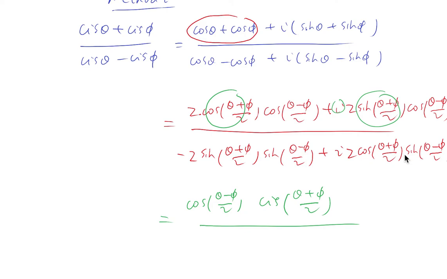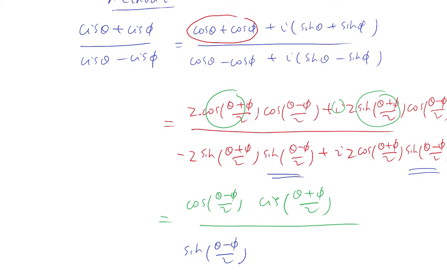Yeah, I think everything is right. And we'll just quickly take the common thing out first. So this is sine theta minus phi and sine theta minus phi. Those two look exactly the same, so we can take those two out first. So sine theta minus phi all divided by 2.